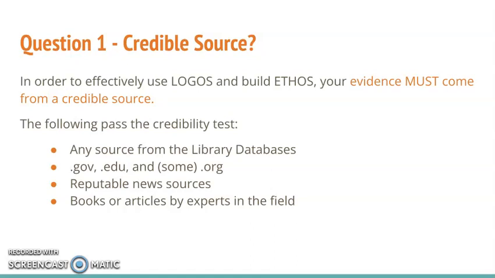Reputable news sources are also a good route to go, and then books or articles by experts in the field. They need to be experts in the field because we know that they have a vast amount of knowledge on the topic and that they're well studied and researched. It's not just some random stranger giving us their opinion or information on our topic.